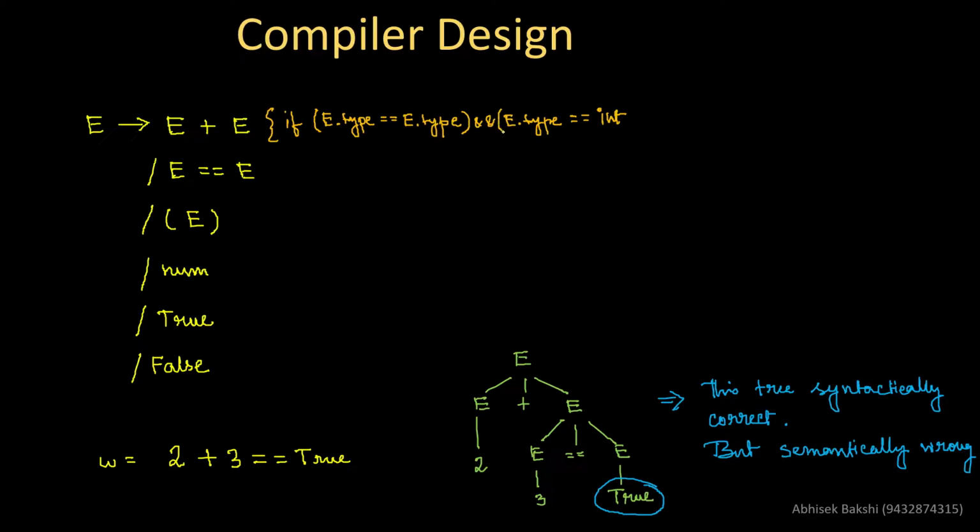This is another criteria. If both criteria pass, then you can say that E dot type will be equal to integer.